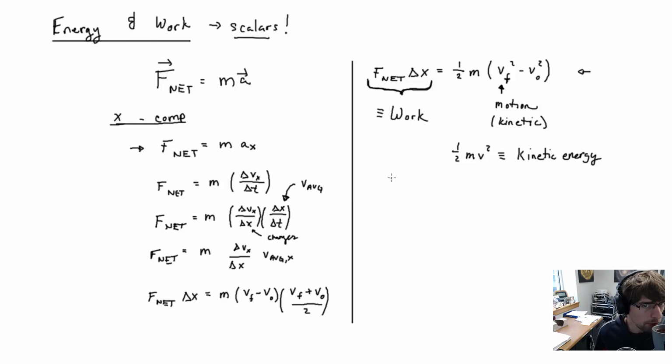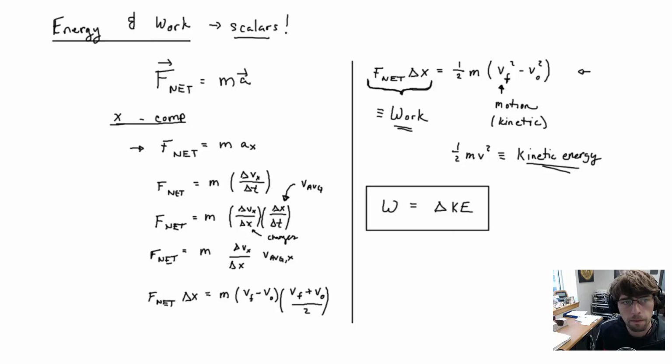So what are we dealing with here? If I take this expression and I rewrite it in terms of these new physical quantities that we've just defined, we have something that says work, W, is equal to a change in kinetic energy of the object. Which is pretty cool.